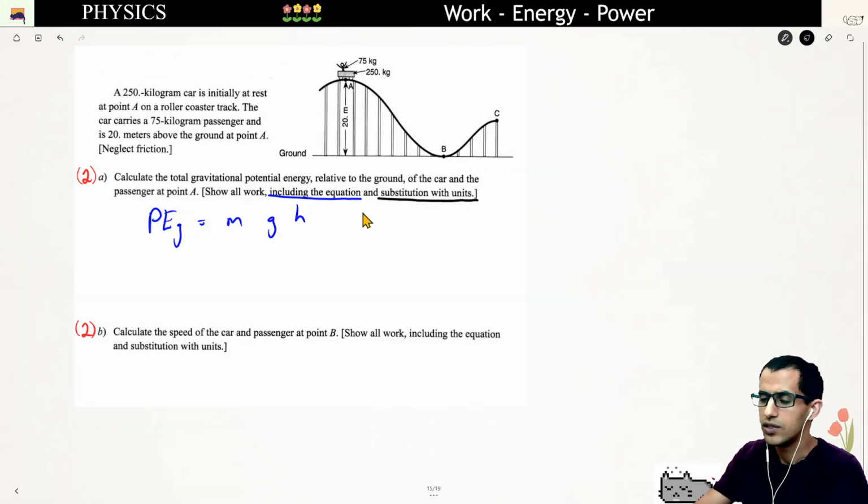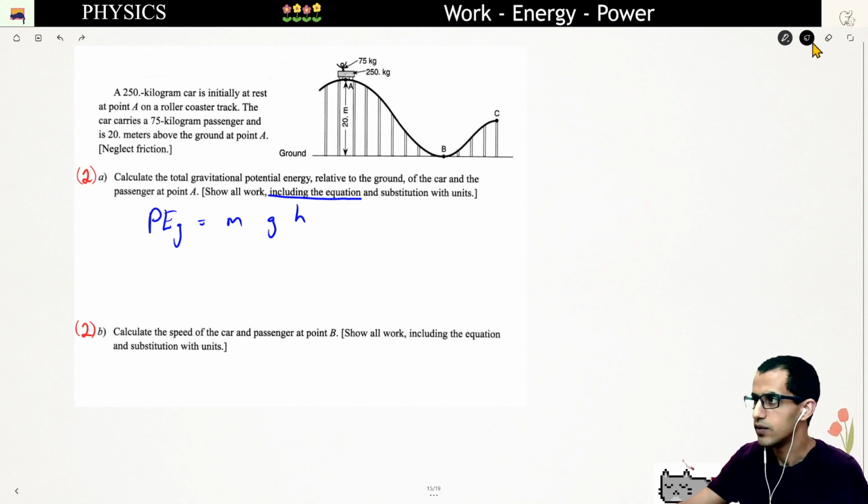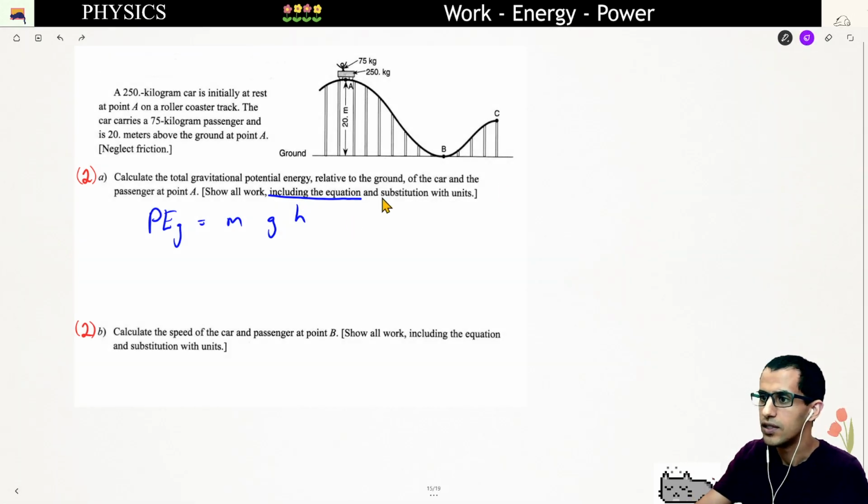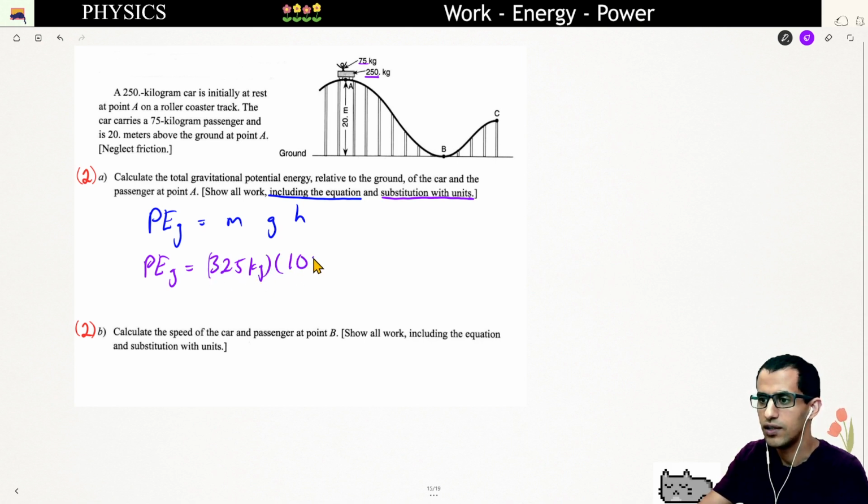And the substitution is going to look like, let me use a different color. Gravitational potential energy is equal to the total mass, which is going to be 250 plus 75. So that's going to be 325 kilograms multiplied by, we'll use 10 for gravity, and the height is 20 meters.